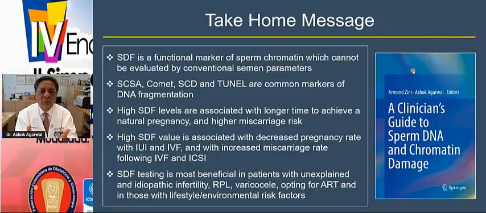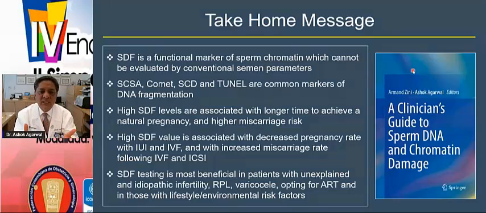Each laboratory must make their own decision based on the scientific evidence around them, because professional societies such as ASRM or other organizations have not provided any guidance. Even WHO has not provided any clarity as to which test is the most reliable to evaluate sperm DNA fragmentation.